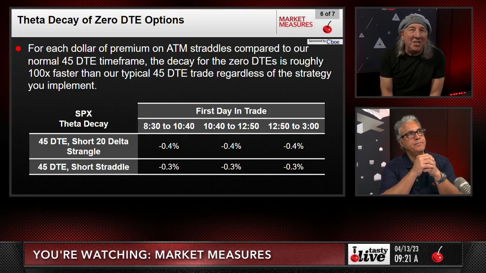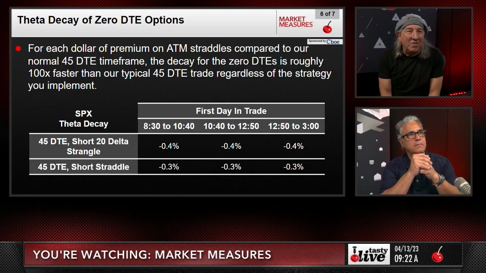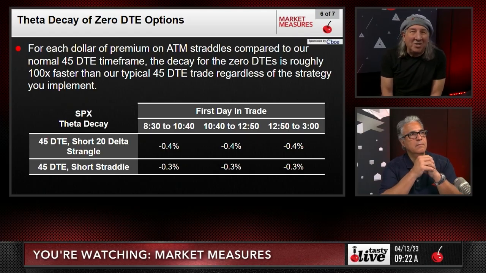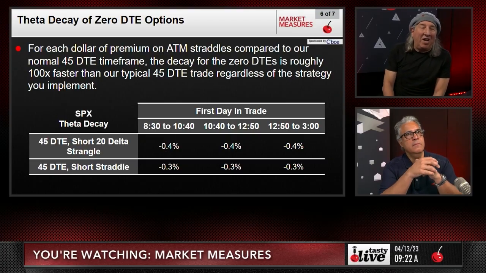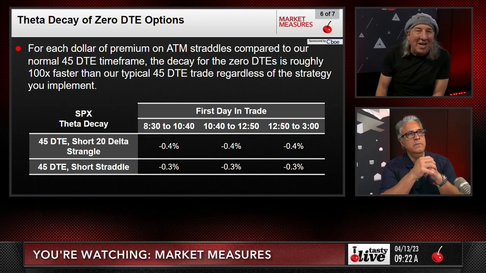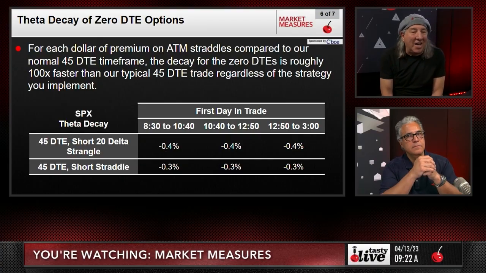When you compare the first day in a 45-day 20 delta short strangle or 45-day short straddle, you're talking about a fraction of 1%. And when you multiply that number by 100, you get to what actually happens in the first hour of your 0 DTE. So it's 100 times faster.